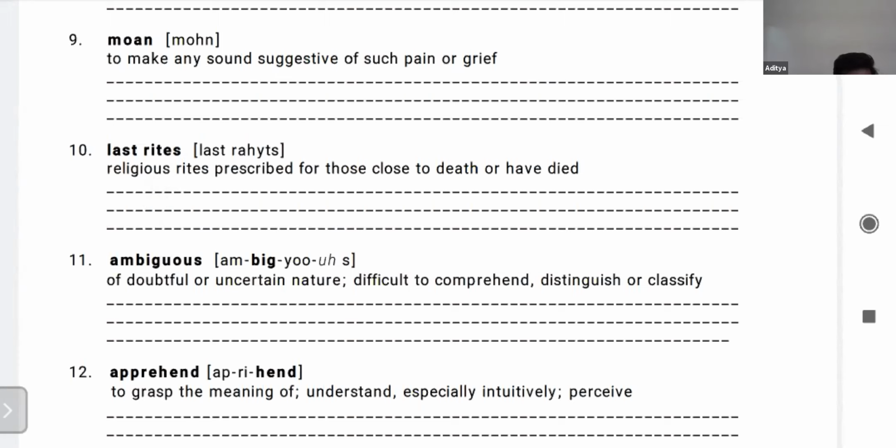Always just try to make one simple sentence, like, let's give him the last rites. Let's respect and give him the last rites, right? If he's dead, and we're talking about a dead person.